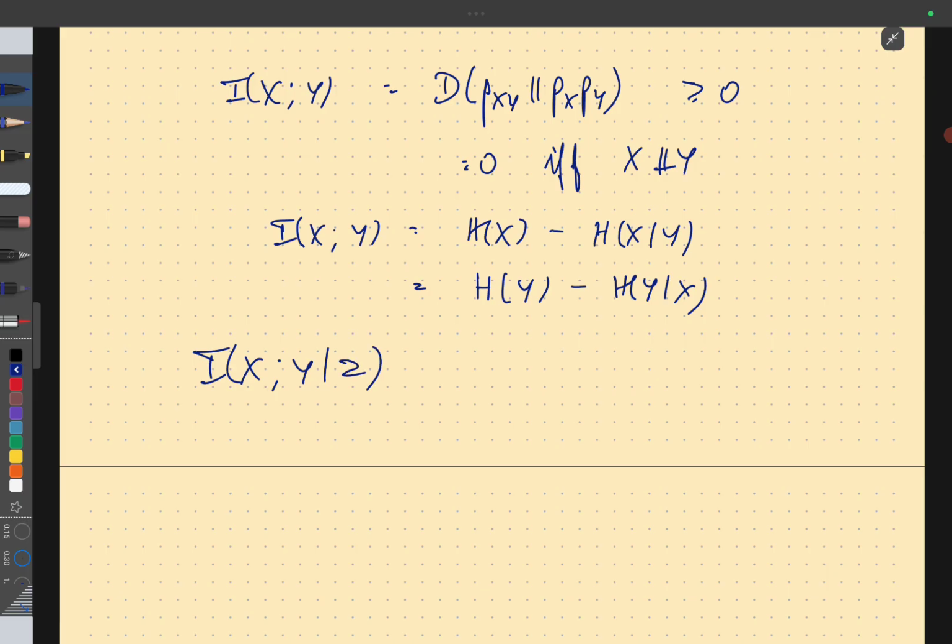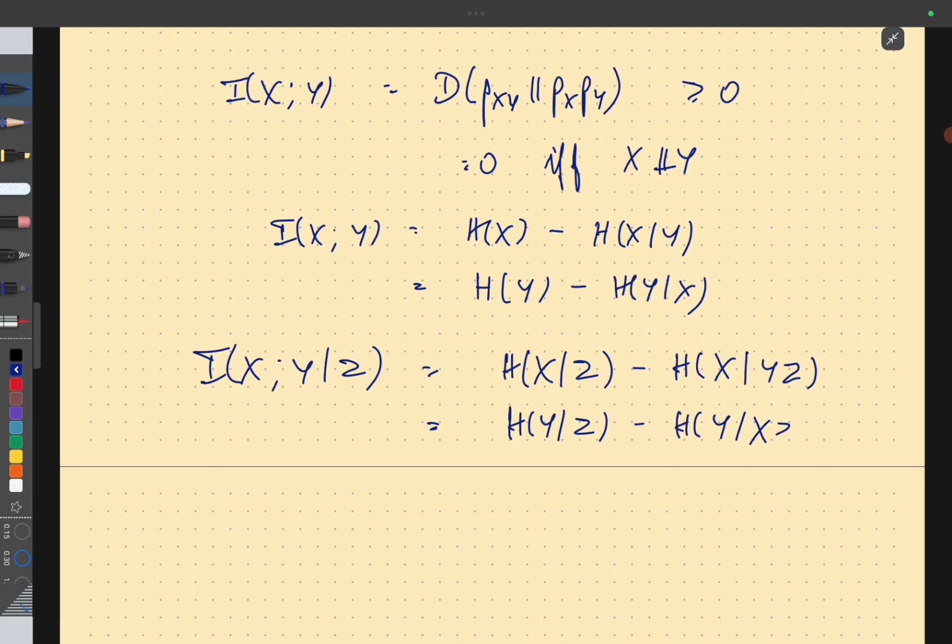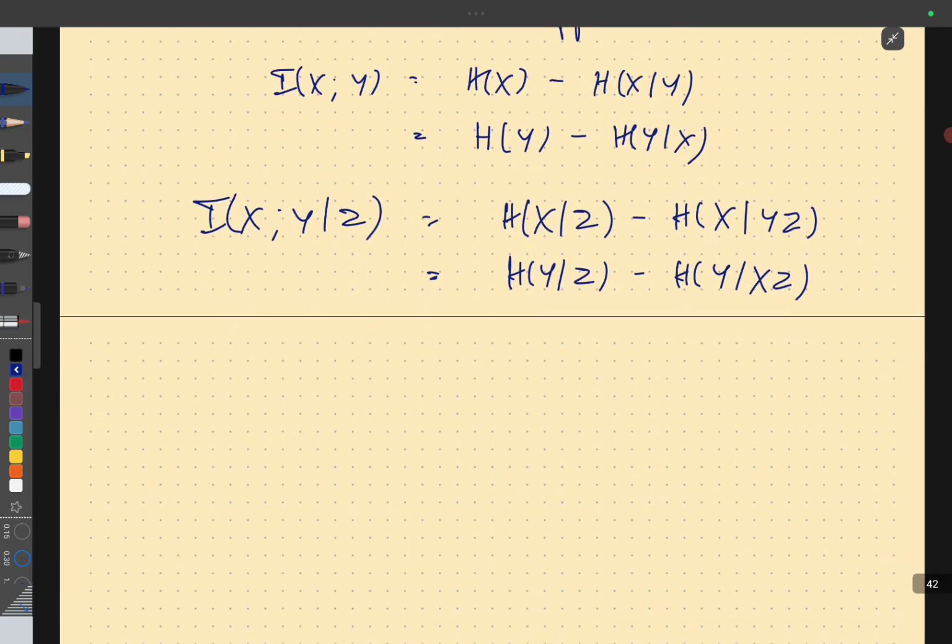So this is the conditional mutual information between X and Y given the random variable Z, and this is just h of X given Z minus h of X given Y and Z, which is the same as h of Y given Z minus h of Y given X and Z. Okay, it's just a definition at this point.